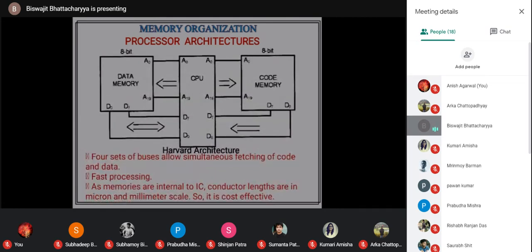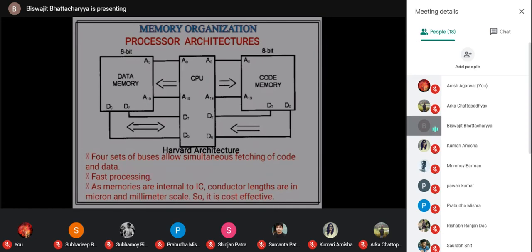Next we go to the Harvard architecture, where all the memories are internal to the IC. There are no external memories. As the memories are internal, the length of the data bus is quite small because all the memories are inside the IC. The length of the data bus and address bus is in the level of microns and millimeters only, not more than these.